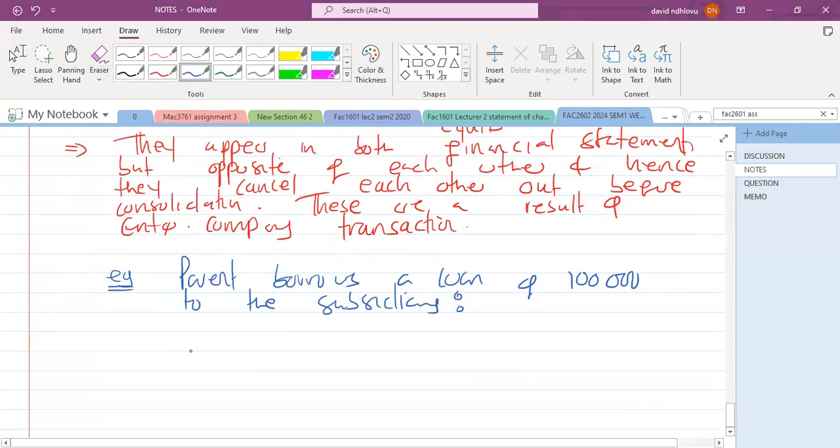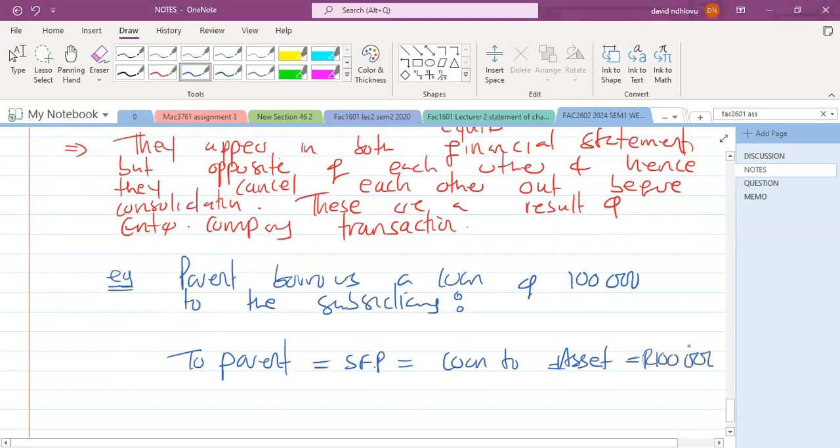If you go to the parent, in their statement of financial position, they will recognize a loan to, which happens to be an asset with a value of 100,000 if nothing has been paid by the end of the year. Because the parent is the one that gave out the loan, that loan is simply an investment. And therefore, an investment is an asset with a debit value. It will appear in the statement of financial position as a loan to.